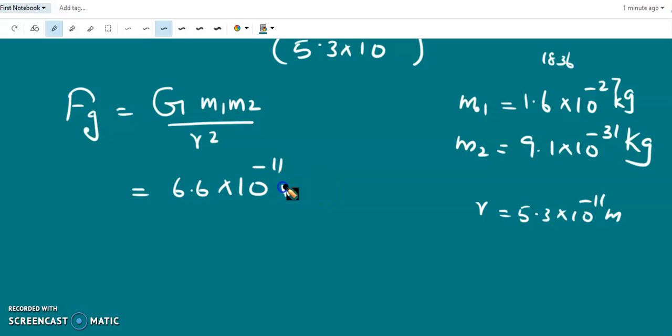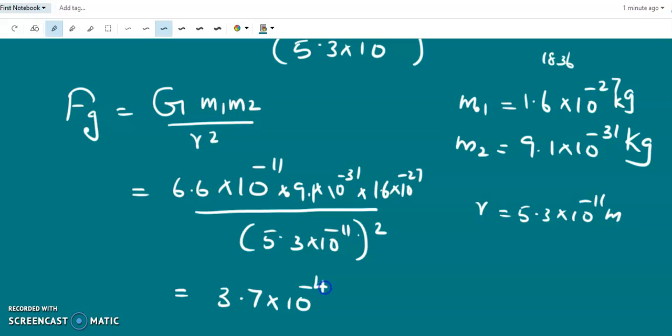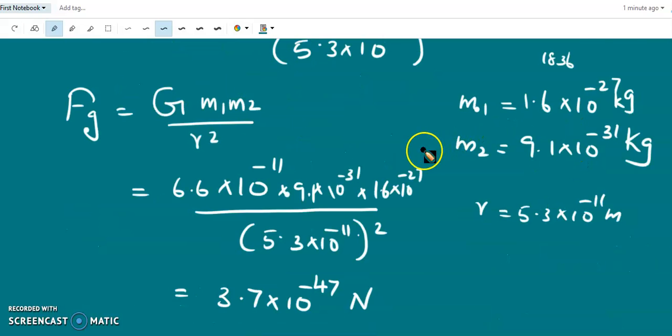So 9.1 into 10 raised to minus 31 into 1.6 into 10 raised to minus 27, divided by 5.3 into 10 to the power minus 11 whole square, is found to be some 3.7 into 10 to the power minus 47 Newton. So we can see that the electric force is very much greater than the gravitational force.